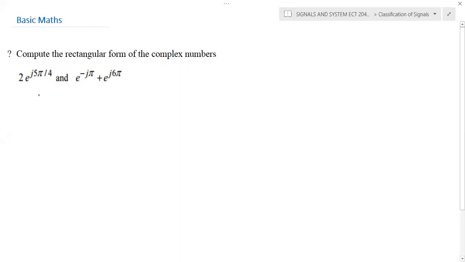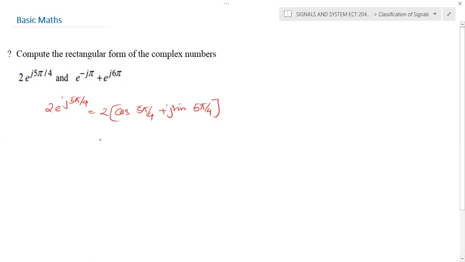So now we'll find the complex number 2 e raised to j 5 pi by 4. So if you expand this e raised to j 5 pi by 4, okay, it becomes 2, and you can apply Euler's formula, cos 5 pi by 4 plus j sine 5 pi by 4.